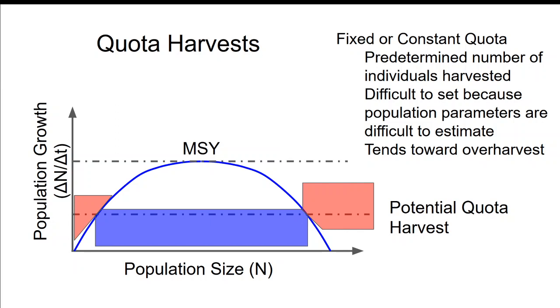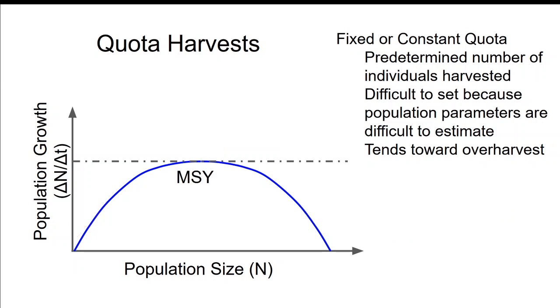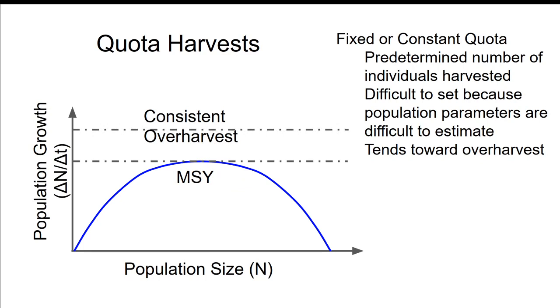When the population is small, and we go above that blue curve, we're now going to push the population towards extinction because we're taking more individuals than it can produce. So there's also the risk that we could set our harvest rate well above that curve, and we could have a consistent overharvest from that population.